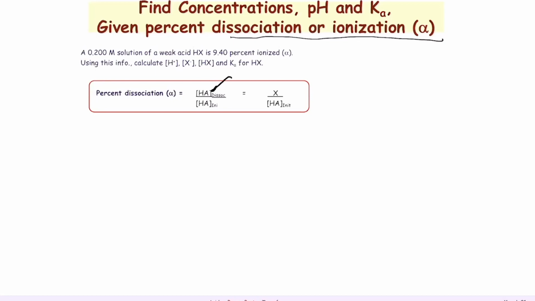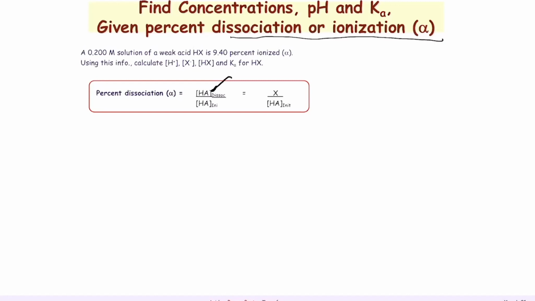So 3 squared divided by 97 will be the Ka. So you don't need the Ka to figure out the pH of the solution. If you know the percent dissociation, then you know from the original amount how much hydrogen is produced.